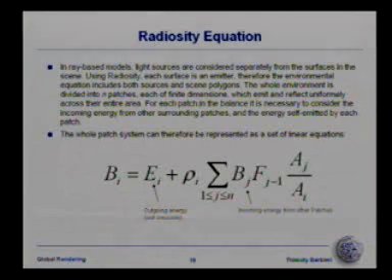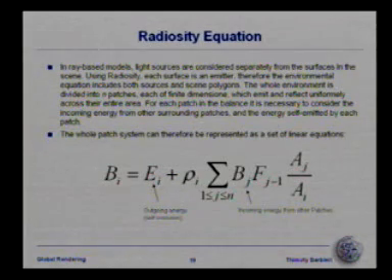You don't have any specific distinction between the light source and an object. The only way in which you can really tell which is a light source and which is not is that the radiosity from the light source, in outgoing direction, is much more than the radiosity of a patch which is basically absorbing.